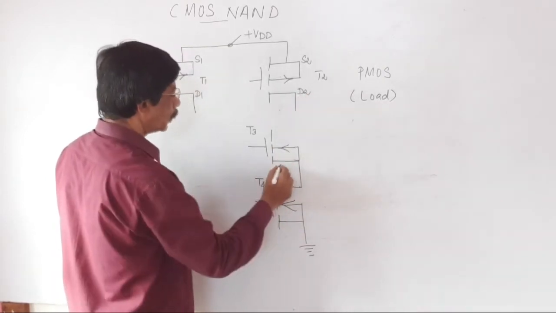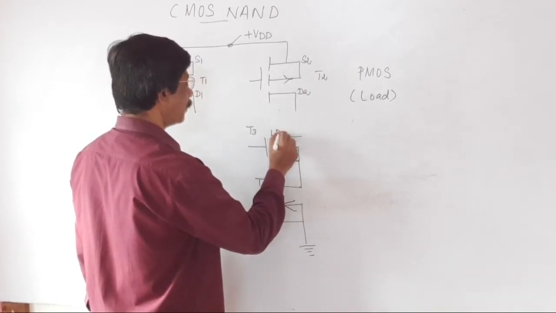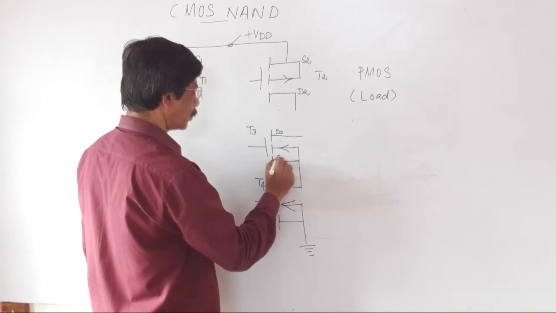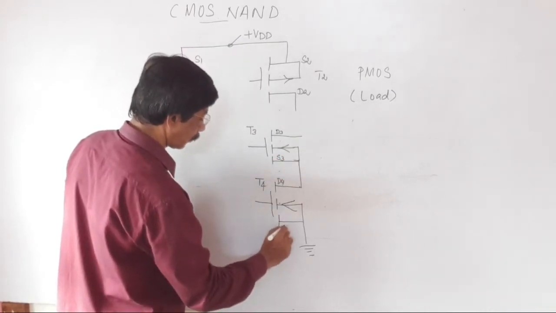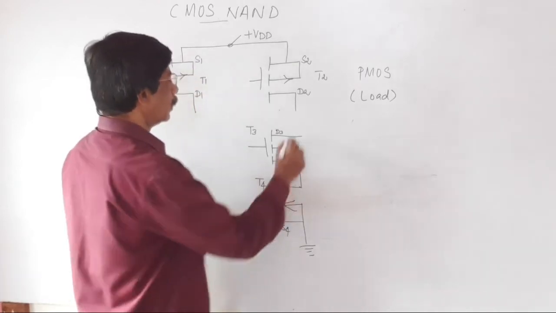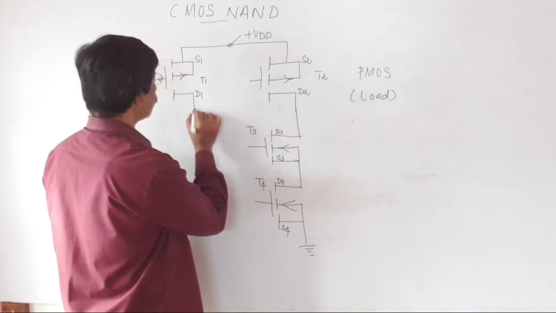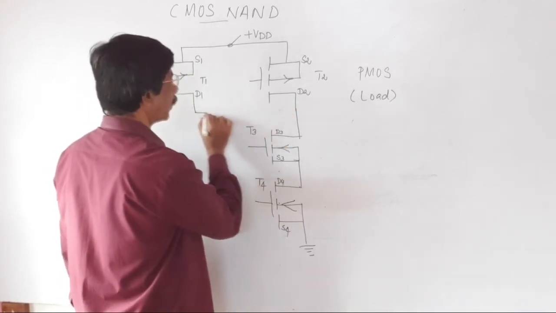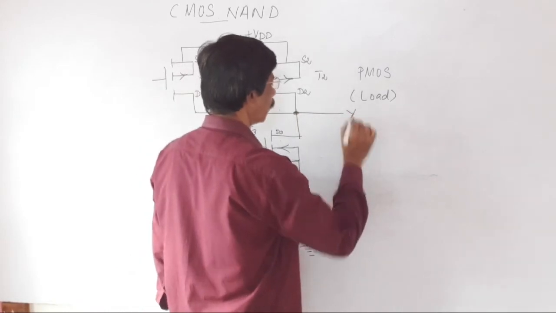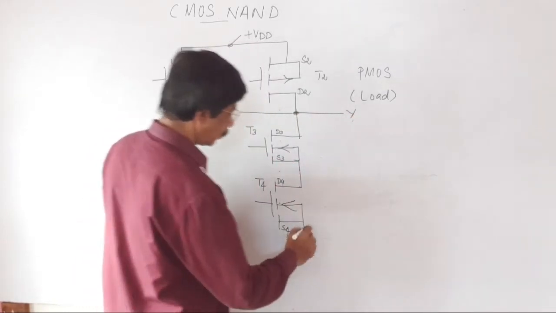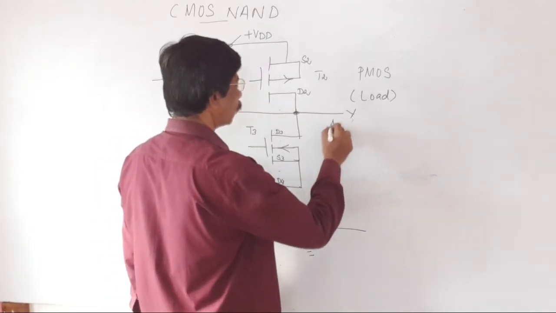This is drain 2, and here also this is drain 3, this is source 3, drain 4, source 4, and both are interconnected here, and drain 1 and drain 2 are both interconnected here. Across this point you measure the output voltage with respect to ground. This is the output voltage.